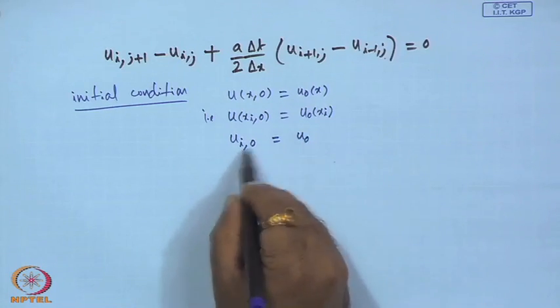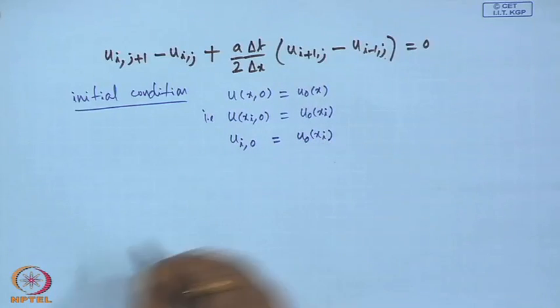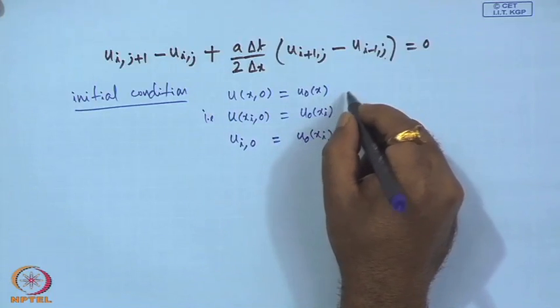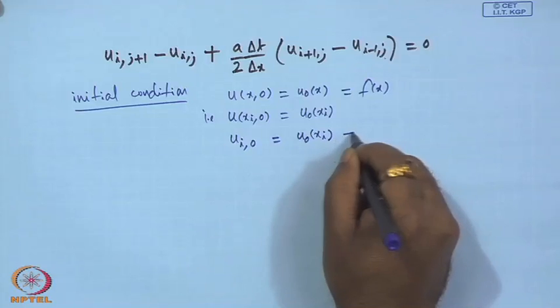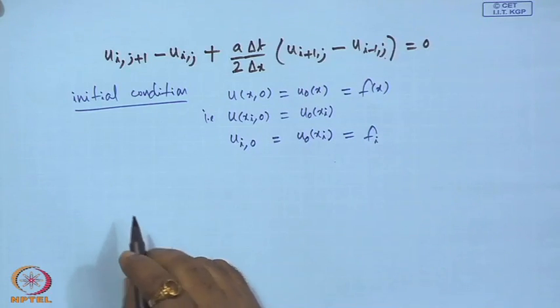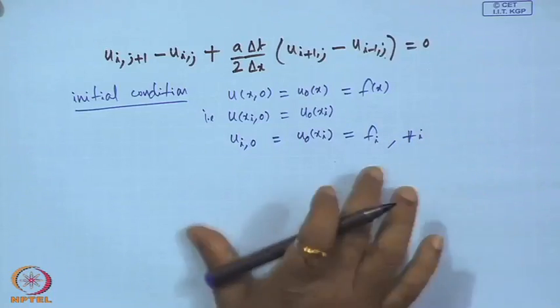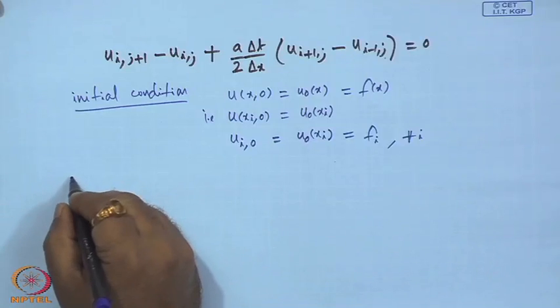We should not get confused with this notation, so I retain this. For example, if we say this is just a function of x, then this would be f_i. Okay. So, this is for all i, which depends on the increment.